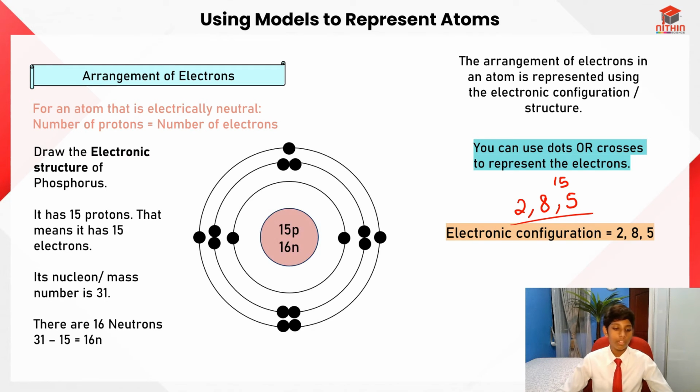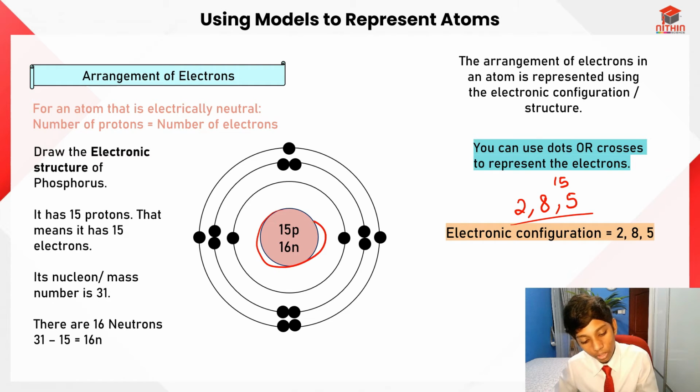Okay, so this is basically the configuration that we are drawing. So let's draw this. This is how it should look like. So this is basically the nucleus, and in the nucleus you're supposed to label the number of protons and neutrons. Let's take a look at the first shell.